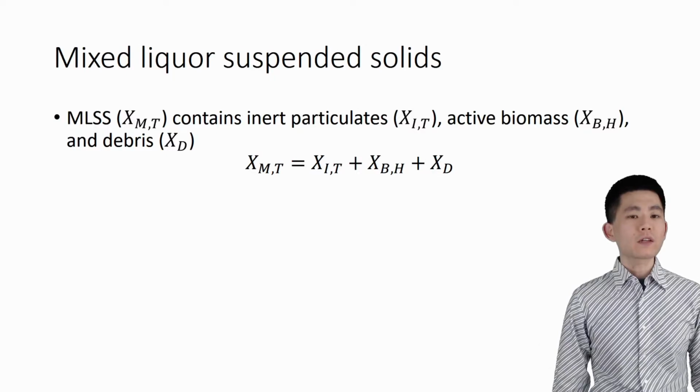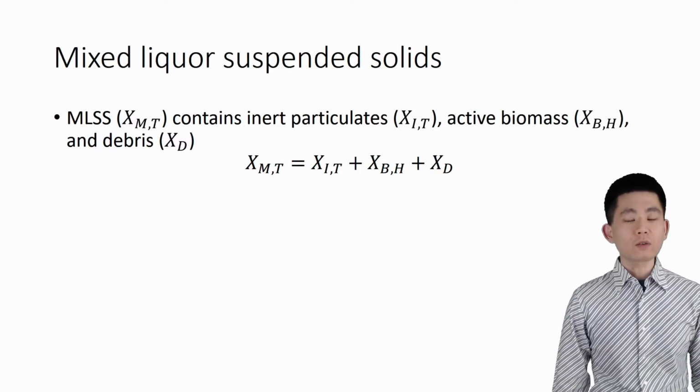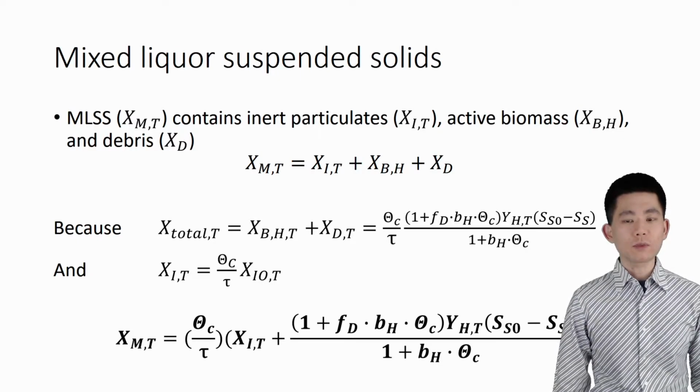We define the combination of active biomass, debris, and inert particles as mixed liquor suspended solids, MLSS, as they are all separated from the liquid and/or recycled by the biomass separator or clarifier. We can write the expression for MLSS from previously defined descriptions.